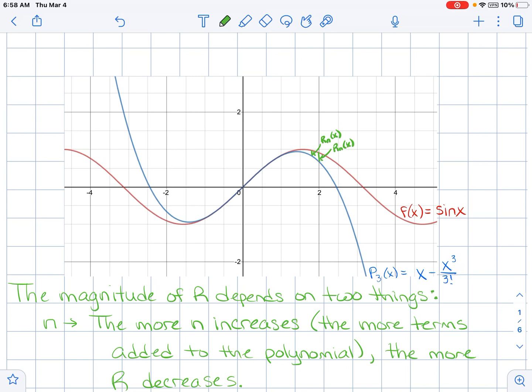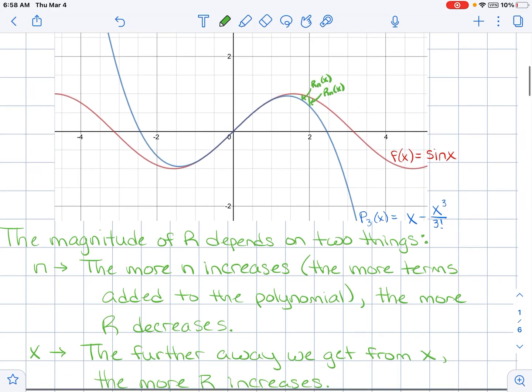The more n increases, in other words, the more terms there are in the polynomial, the more R decreases, the closer we are to an exact value. So if I would have used more than just a cubic function here, if I would have had a 7th order polynomial for sine x, then plugging in 2 to that polynomial might have gotten me a little bit closer to an exact value.